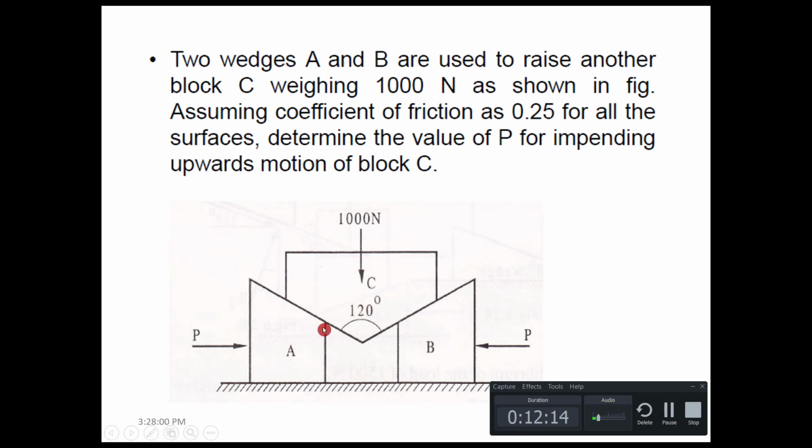Here we have two wedges, compared to the previous one of a single wedge, and both the wedges are pushed inwards so that the block C starts to move upward, and the angles are given.